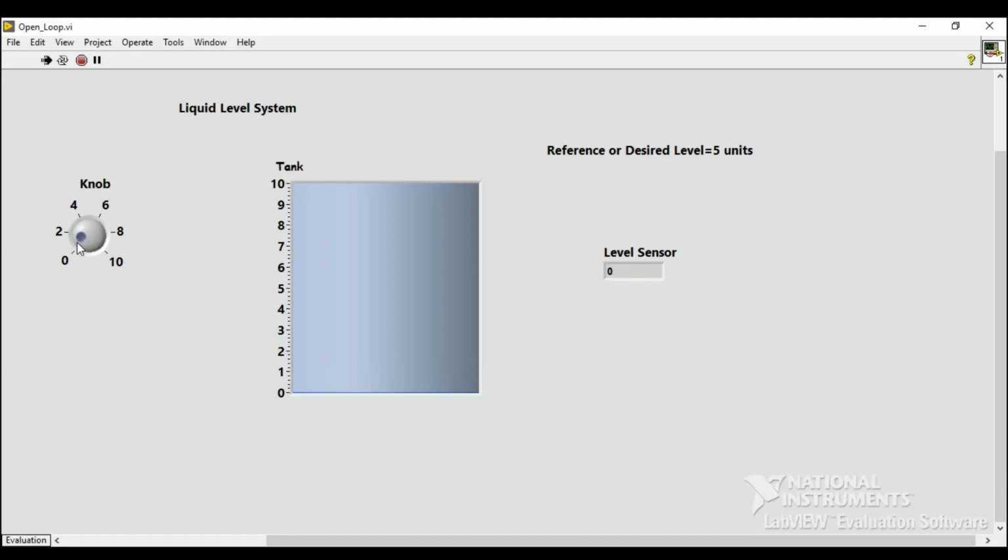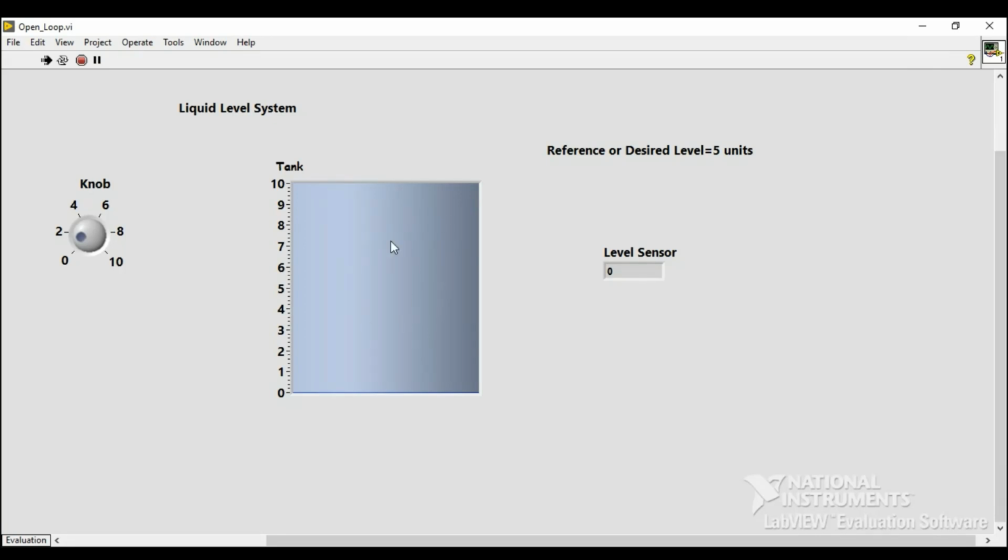Let us see the next example, that is a liquid level system. These liquid level systems are very common in industries such as chemical industries, steel industries, etc. Now let us see a liquid level system.